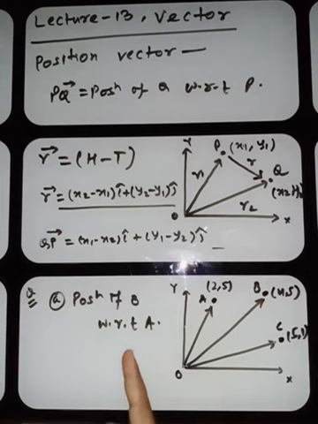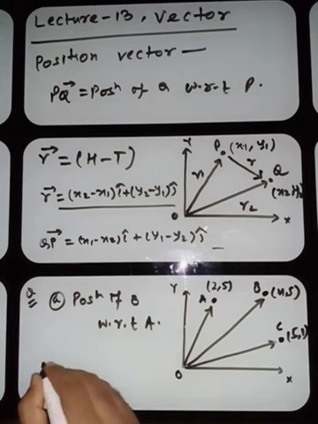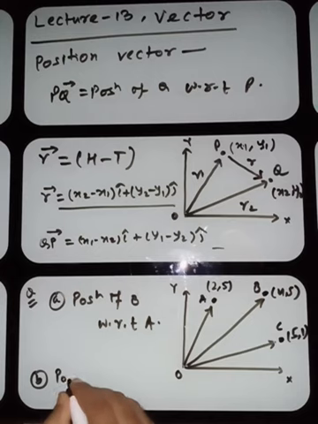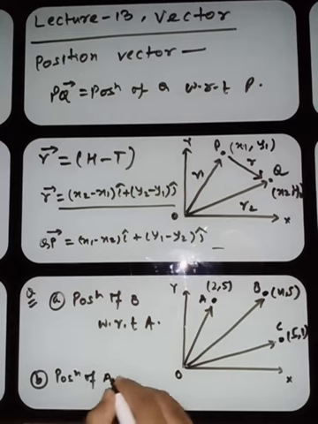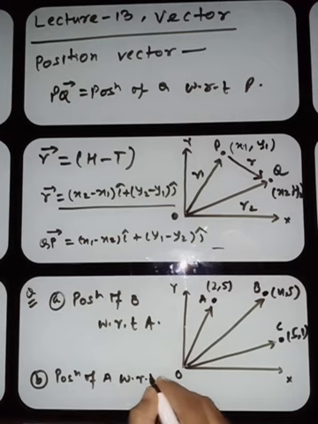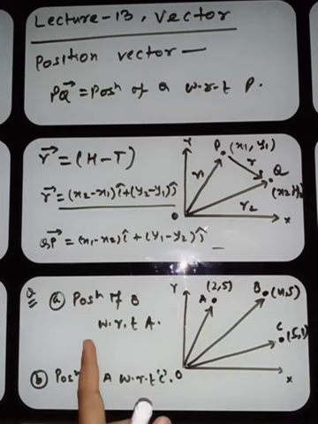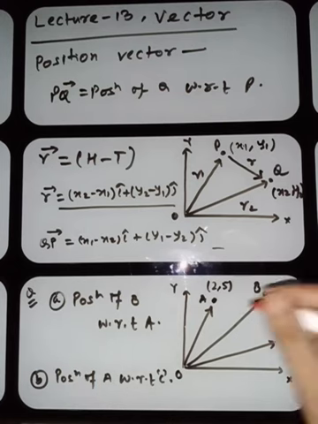The second one: position of A with respect to C. Hurry up, try to solve, my dear students. And remember, you will represent it over the diagram. Pause the video and try to solve.